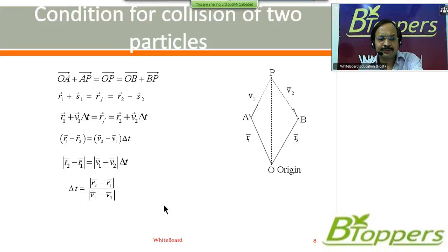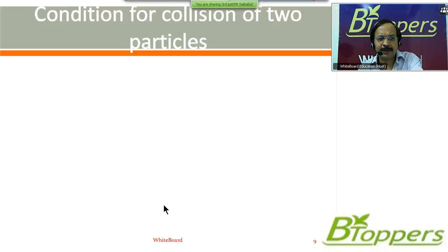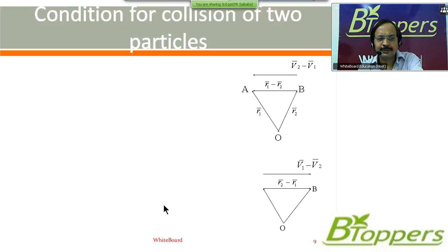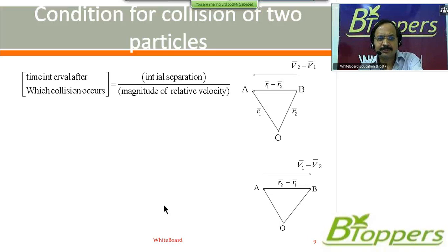That means the time after which they collide with each other is equal to the initial separation between the two particles divided by the magnitude of the relative velocity between the two particles. So the time interval after which collision occurs is equal to initial separation divided by magnitude of relative velocity.